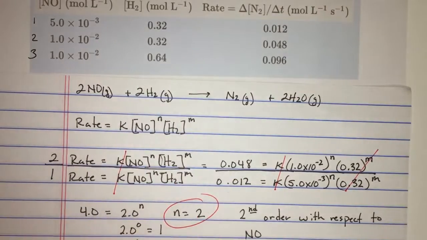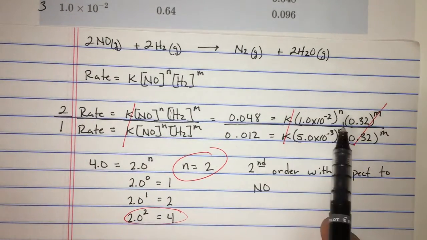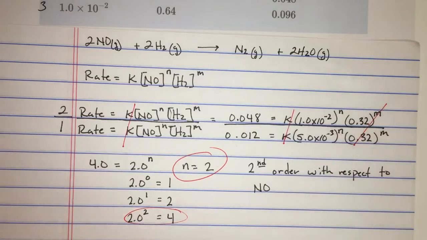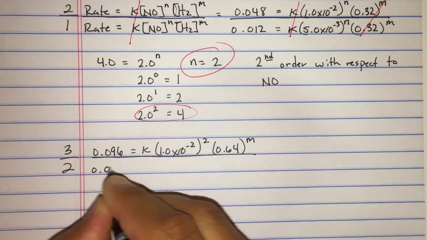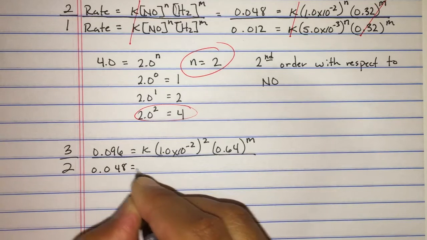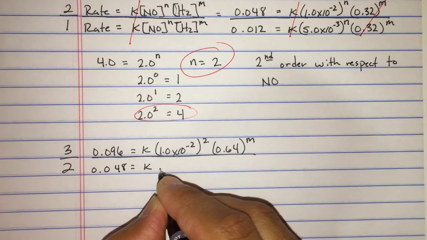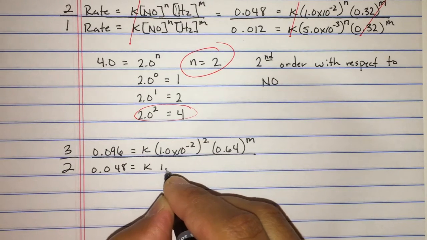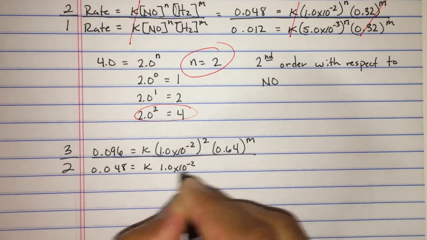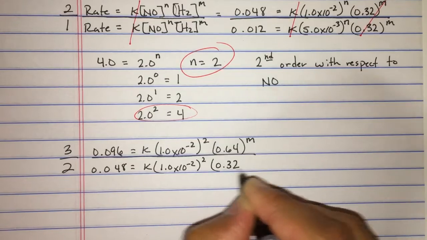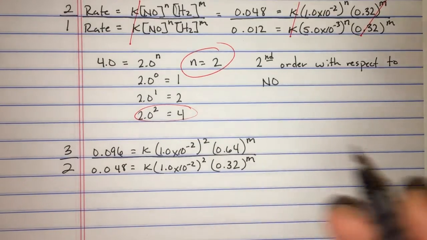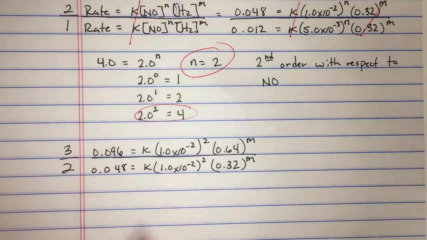The hydrogen is 0.32. So the same thing that we did in the first example. And of course, K's will cancel.